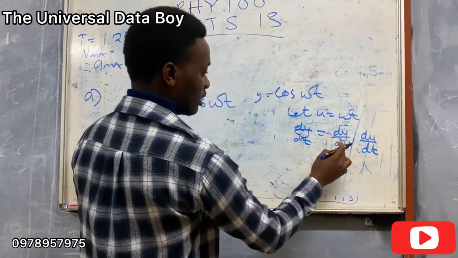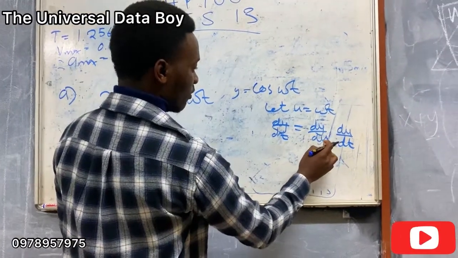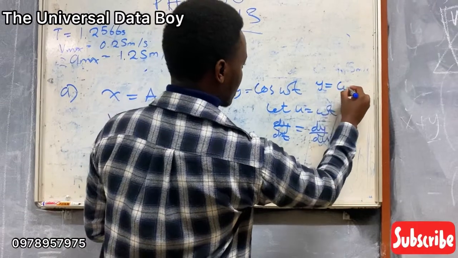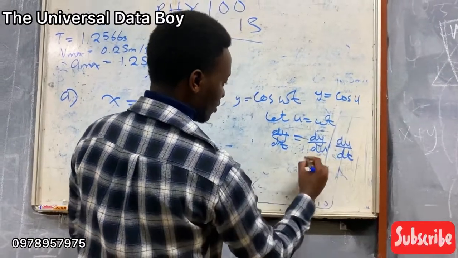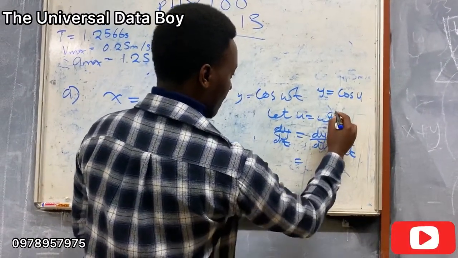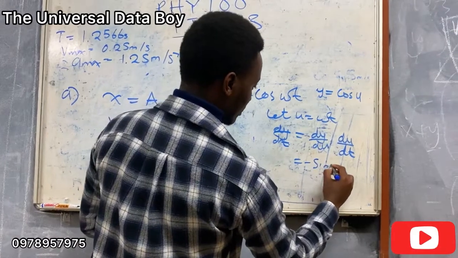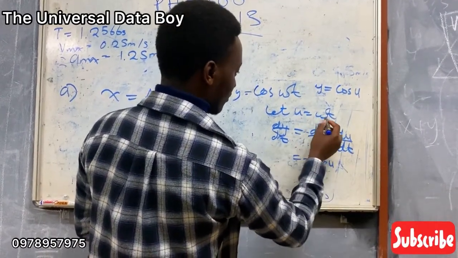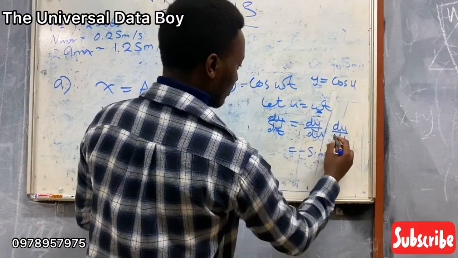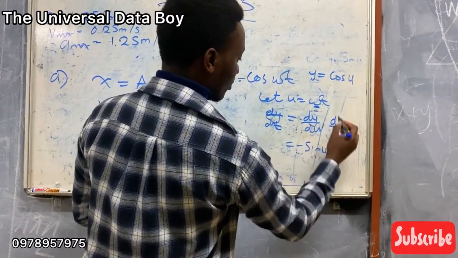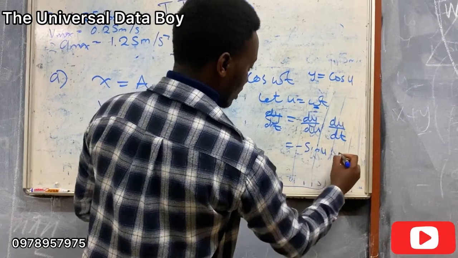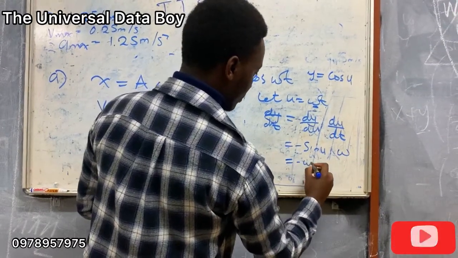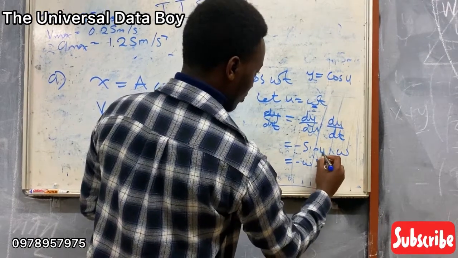When we let this one equal to u, we have y being equal to cosine u. So dy over du is simply negative sine u, and then du over dt, that's the derivative of this one. Since this one is a constant and this one is a variable, it is simply equal to w. So we're going to have negative w sine, the u is just wt.